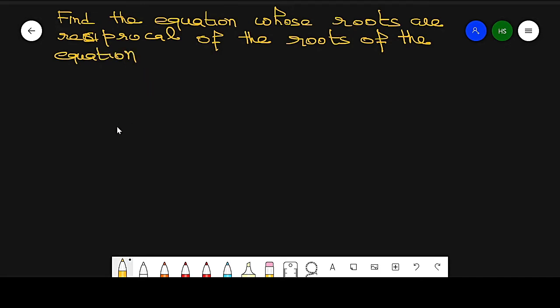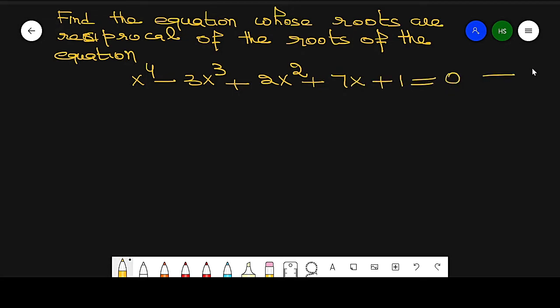So the equation is x raised to power 4 minus 3x raised to power 3 plus 2x square plus 7x plus 1, which is equal to 0. So this is equation number 1.